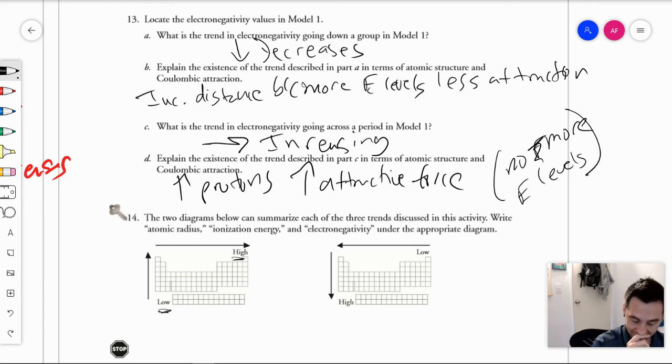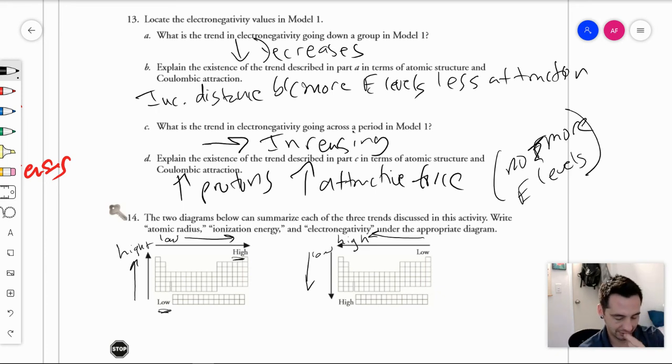But anyway, atomic radius should get bigger as you go down and should get smaller from left to right. Oh, I guess this means low and this is high. So low to high, let's just say that, okay?